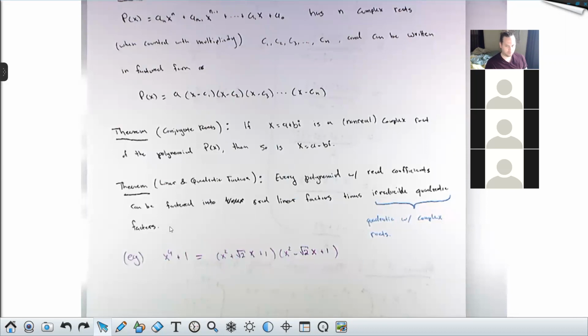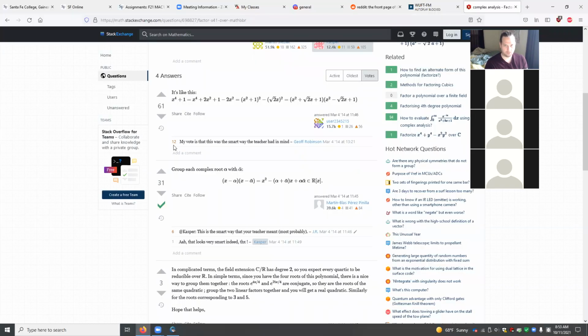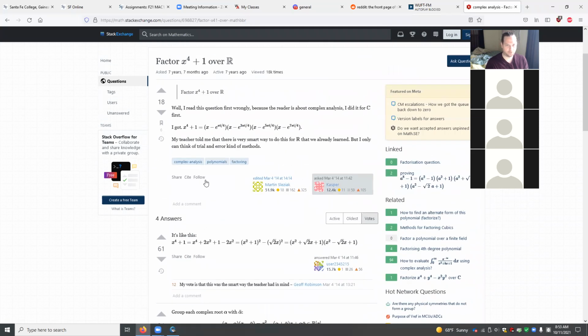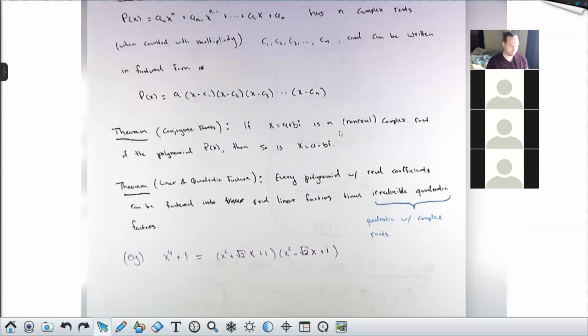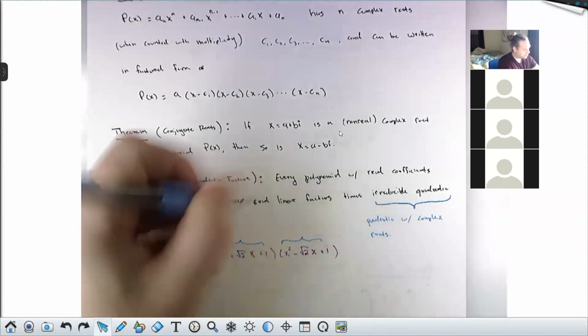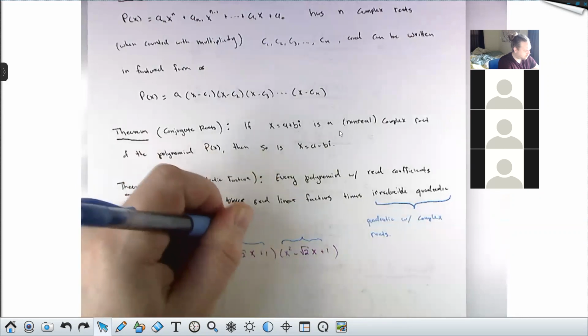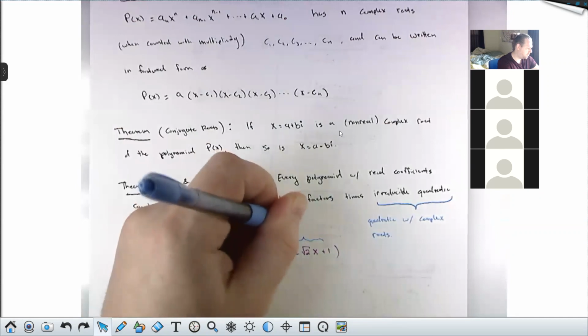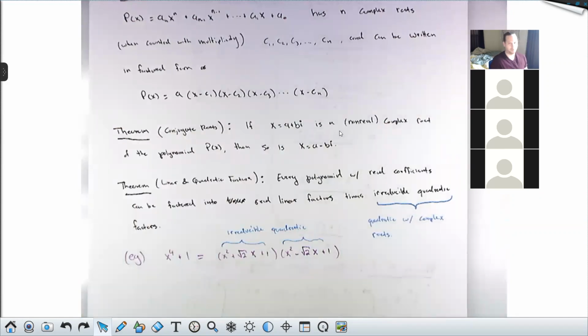But let me show you. This particular example is pretty gnarly. The complex roots for this are not nice. And each of these is irreducible. Irreducible quadratics. And we could factor this further.